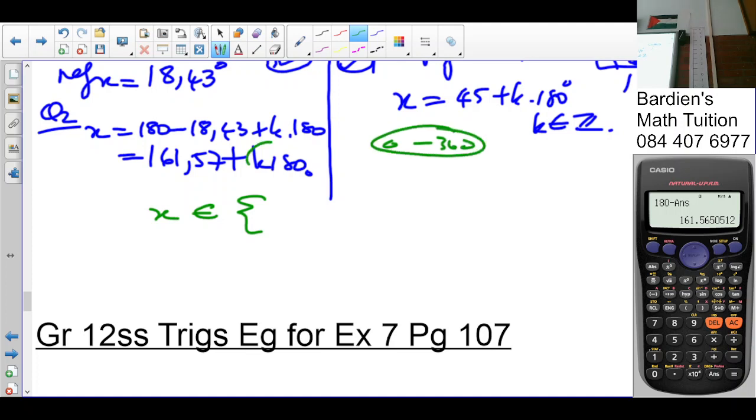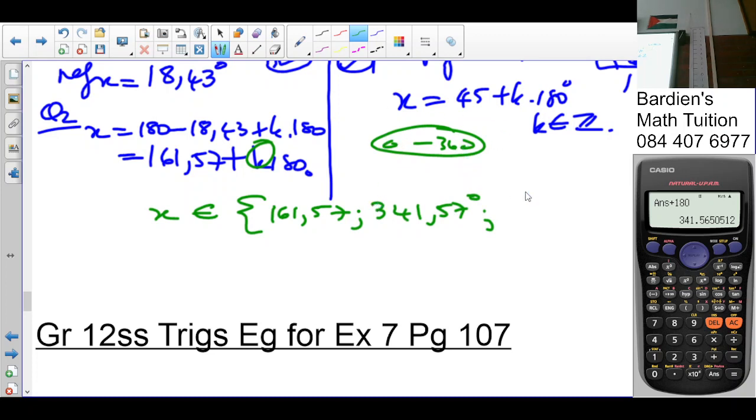So if I go with k is 0, I'll get 161.57. So what I do now is, if I see a k, I put a 1. So it's 161.57 plus 1 times 180 gives me an angle of 341.57 degrees. And remember that that is still within this given interval here.